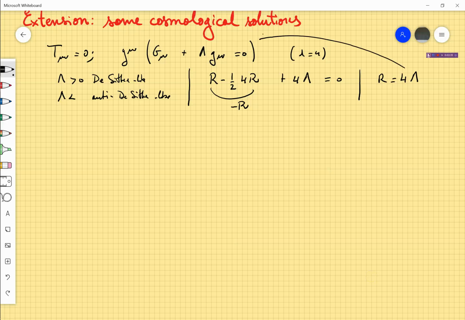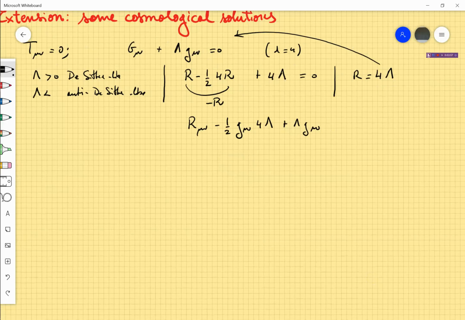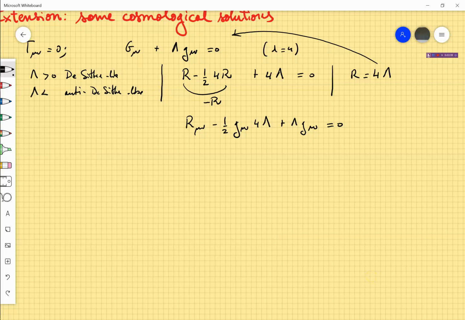Now we can replace this again into the original equation, now without the trace, and you get R mu nu minus a half g mu nu times the value of R, which is 4 lambda, plus lambda g mu nu equal to 0.